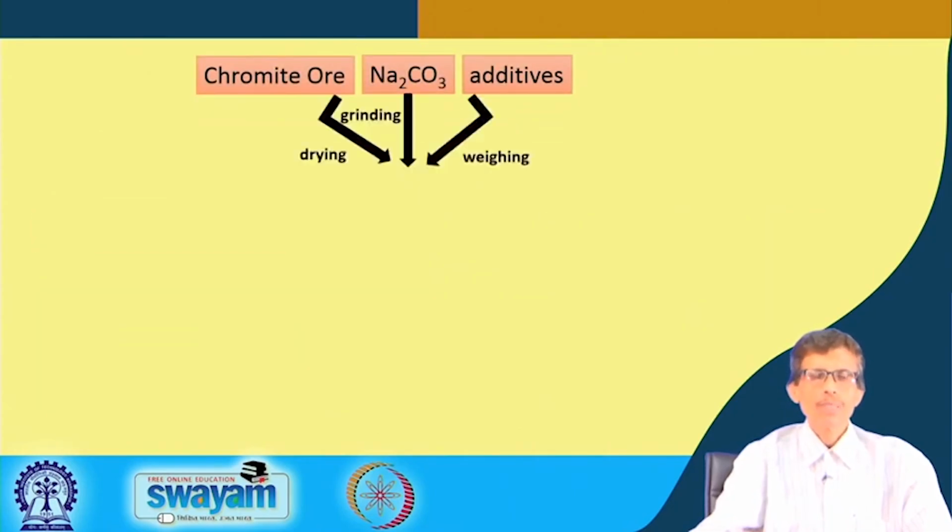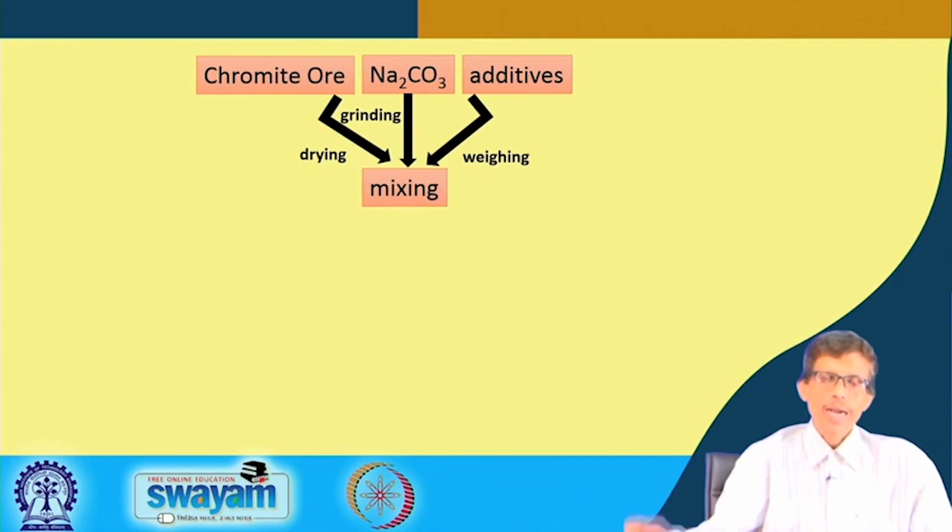So, how do you go for that digestion? You take the chromium bearing ore, the chromite ore, and you add sodium carbonate and other additives. Grinding, drying and weighing processes give you the mixture. So, 3 different processes: grinding, drying and weighing.